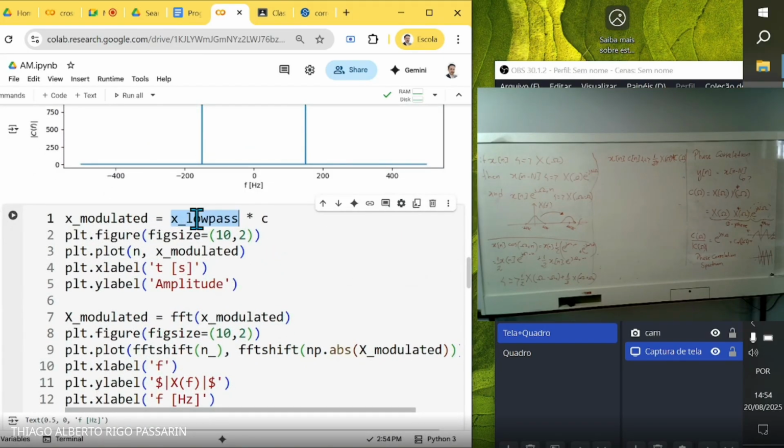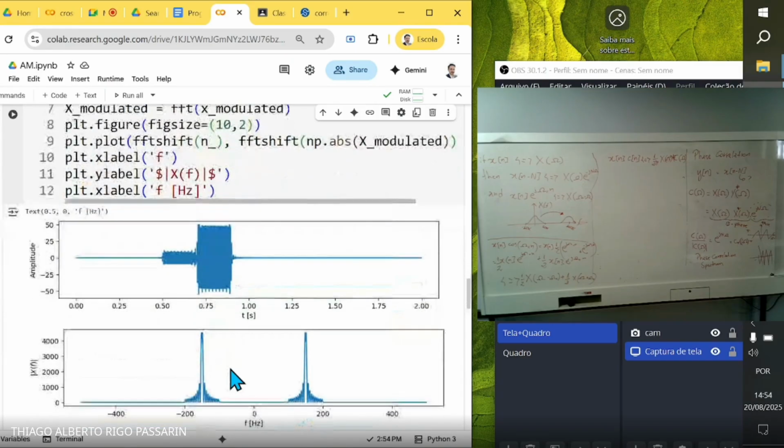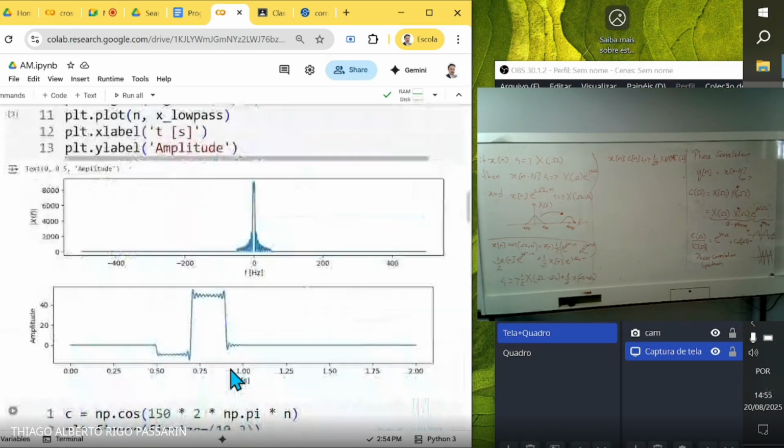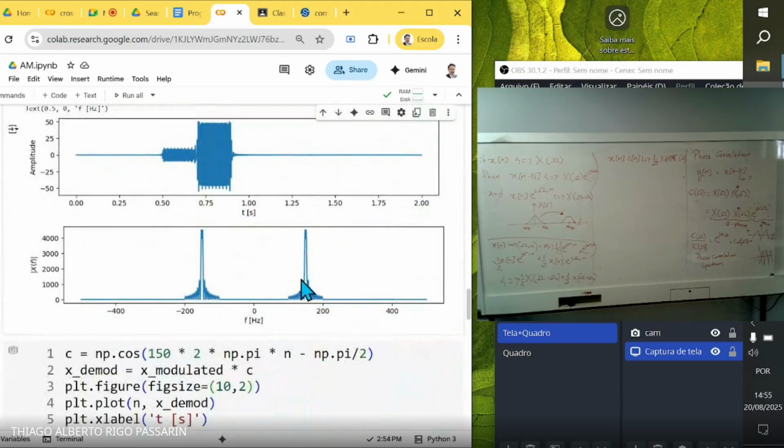My low-pass signal multiplied by the carrier will create this X modulated, which is here. Here's the carrier multiplying the signal. Here's the spectrum. This is what we expected. The original spectrum, with two copies, one shifted to the right, one shifted to the left.